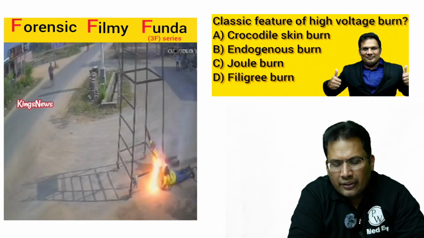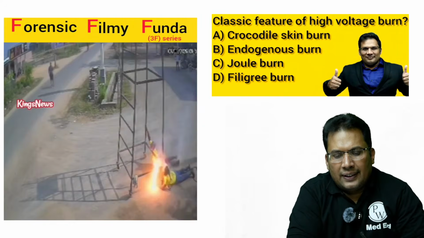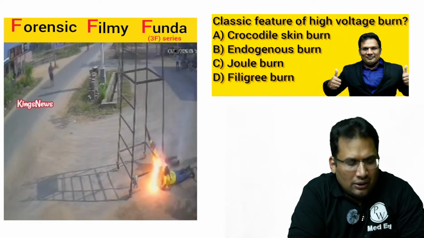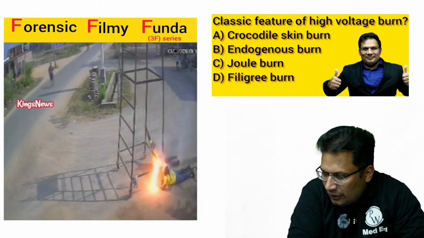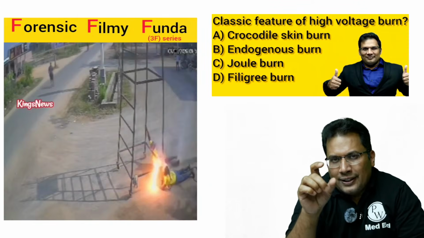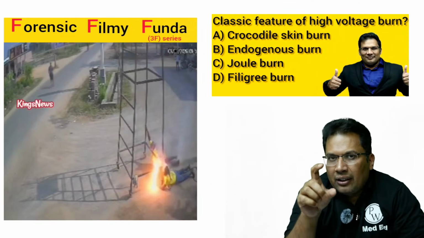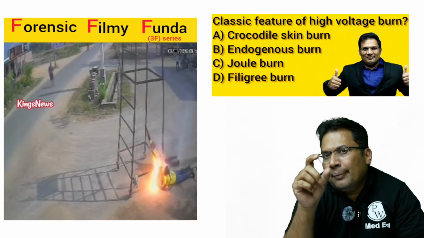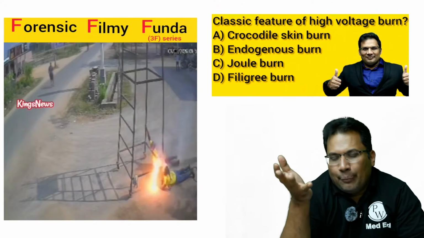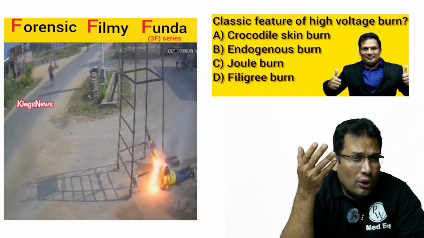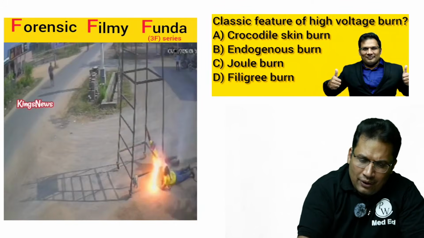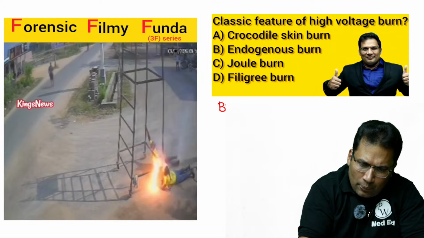So what is this? This is a case of electrocution. It is a high voltage burn. When I talk about high voltage burn with loose contact, there is a formation of flame burns, which causes brown nodules during autopsy.